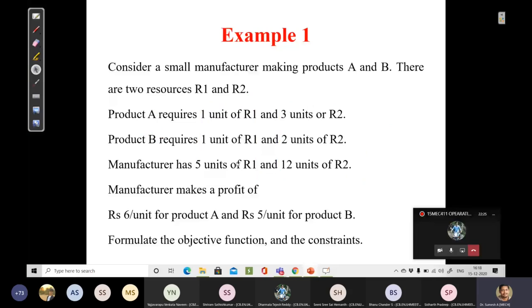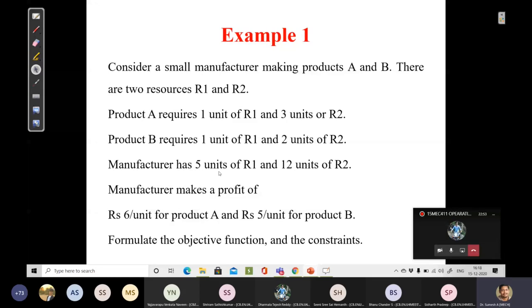By selling 1 unit of product A, the manufacturer will earn ₹6, and by selling product B, he will earn ₹5. So the problem is to maximize the profit.